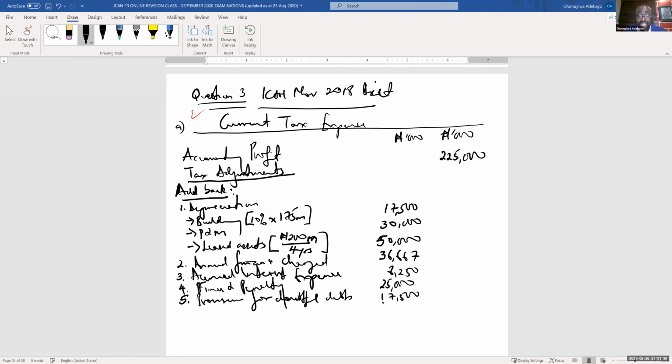These are add back items. Can somebody sum them up? Can we sum them up? 17,500 plus 30,000 plus 50,000 plus 3,667 plus 8,250 plus 25,000 plus 17,500.